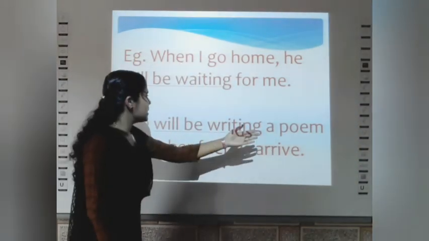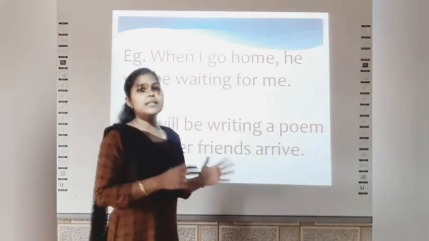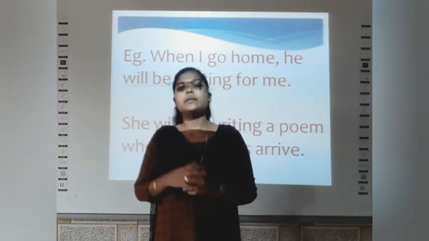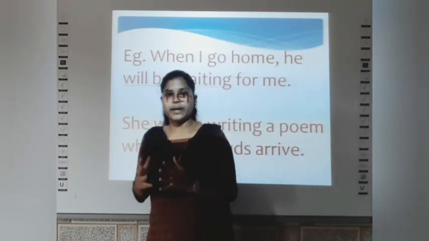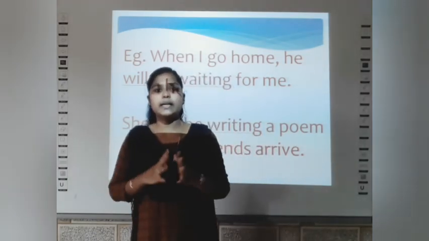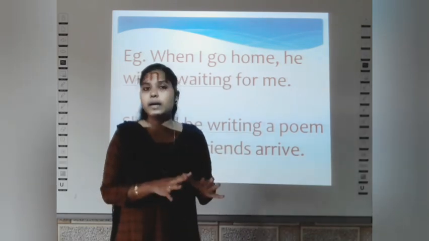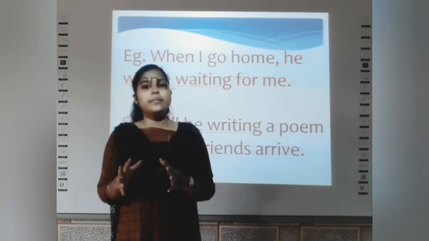Next, she will be writing a poem when her friends arrive. This is also an activity which is expected from this girl. Her friends haven't come to her home. When they come to her home, she will be writing.